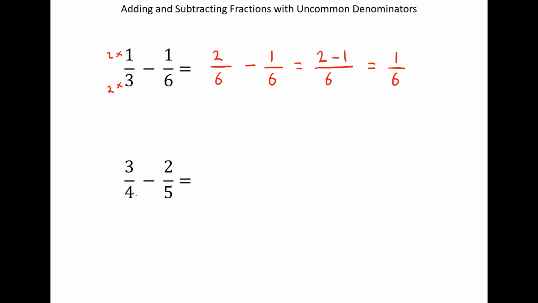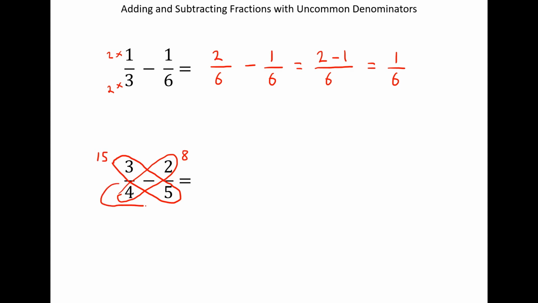Now for the bottom one, 3 over 4 minus 2 over 5, it looks like I'm going to have to multiply the 3 over 4 by certain numbers and the 2 over 5 by certain numbers. Hence, it's better to use the butterfly method for this case. So I'm going to use the butterfly method here. I'm going to have 2 times 4, which is 8, and 3 times 5, which is 15, after I draw the cross.